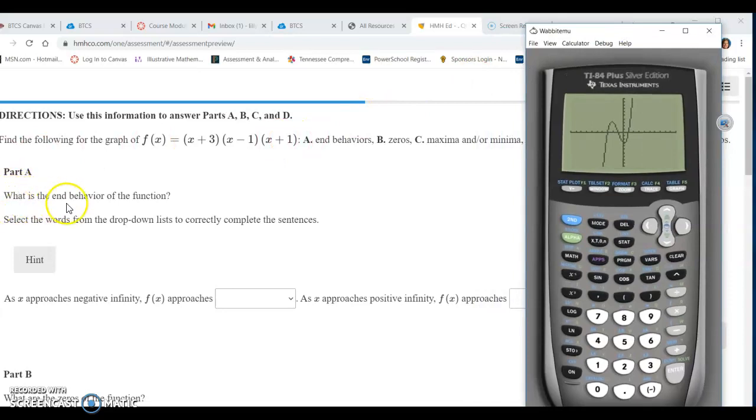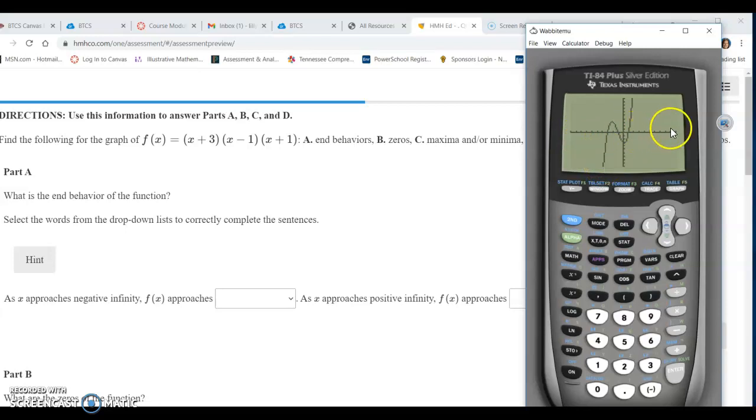It says first, what is the end behavior of the function? Select the words from the drop-down box to complete the list. As x approaches negative infinity, x goes to the left, because this is the negative x's and this is the positive x's. So going towards negative infinity, your y's are also going negative.